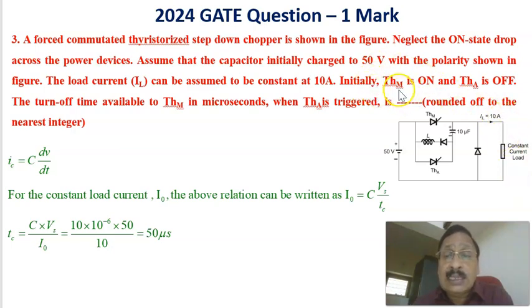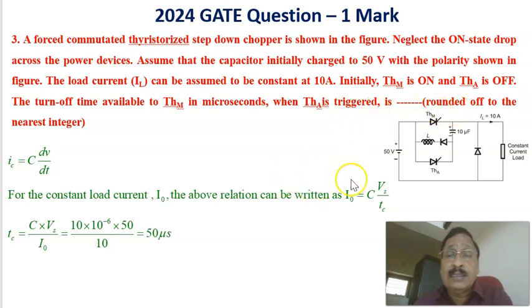Initially, this is called the main thyristor and this is called the auxiliary thyristor. The main thyristor is on and the auxiliary thyristor is off. What is the turn off time available for the main thyristor in microseconds when the auxiliary thyristor is triggered?